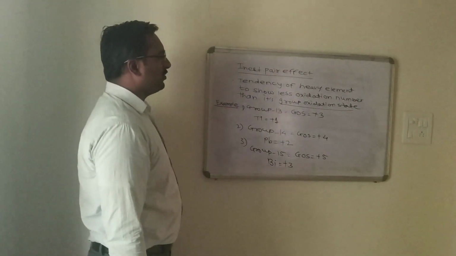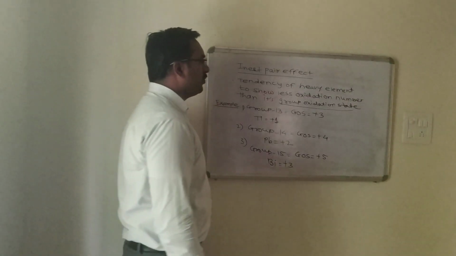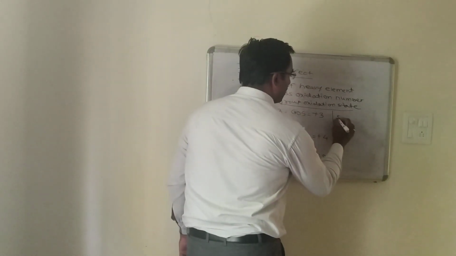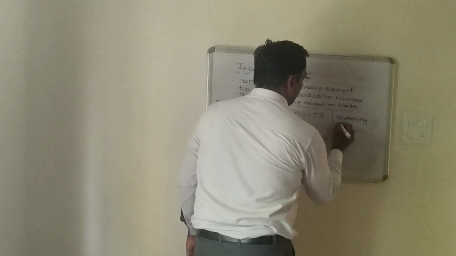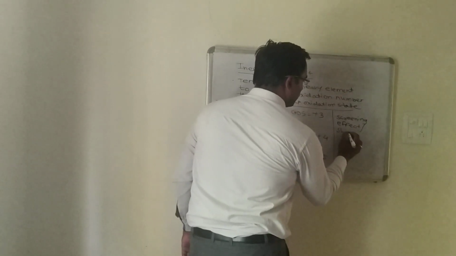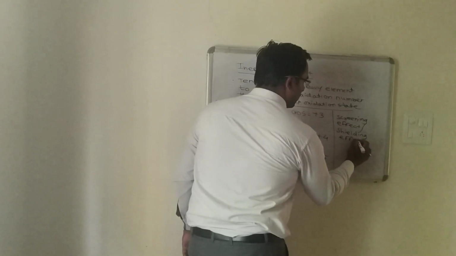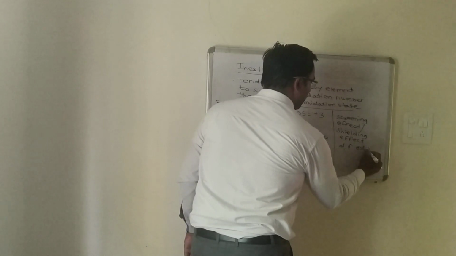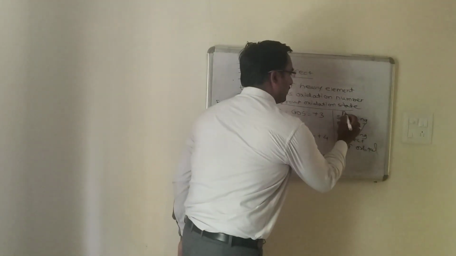This is because of the poor shielding effect, or poor screening effect, of d and f orbitals. So d and f orbitals have poor shielding effect.